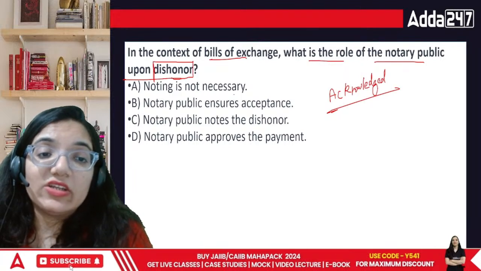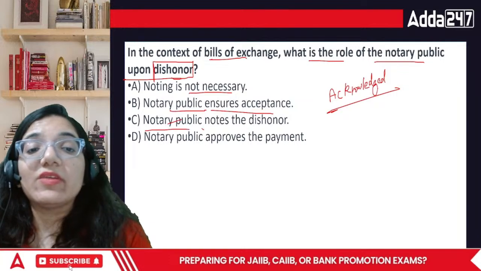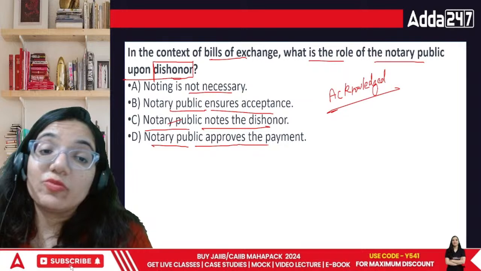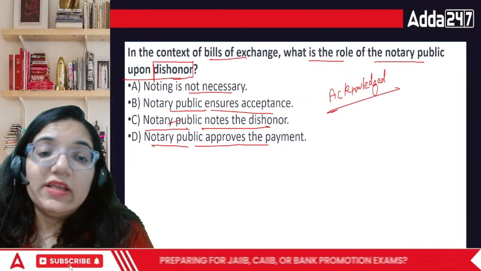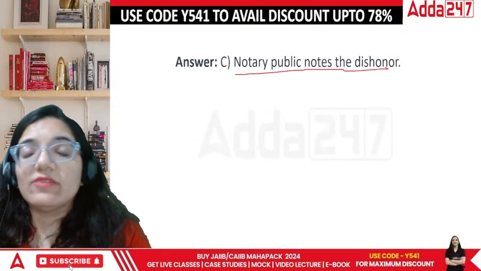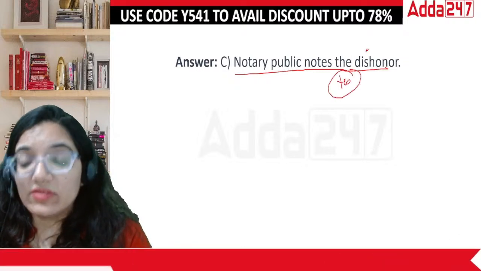So noting is not necessary. Notary public ensures acceptance. Notary public notes the dishonor. Notary public approves the payment. In this case, what would be the answer? The answer would be he notes down the dishonor. Answer is C. He will have to note down that yes, there is a dishonor.